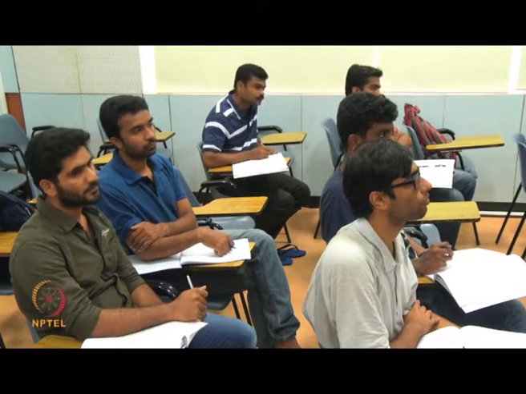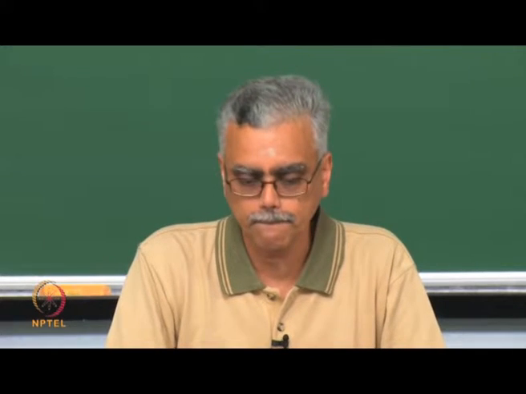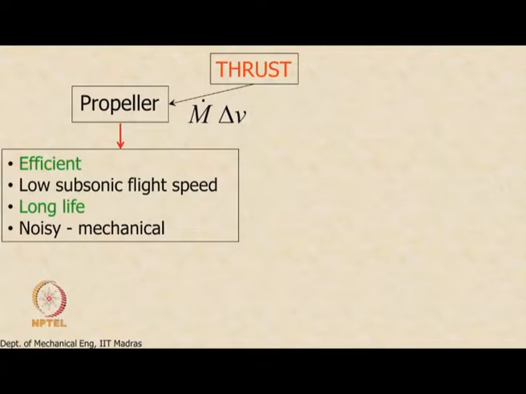Okay. So let us go through a quick recap of what we discussed earlier with regard to propulsion technologies. If you remember, we said that the propulsion device must generate thrust, and there are two ways of doing it. One is to use a propeller which, as we said earlier, accelerates a larger amount of mass through a small change in velocity. The advantages that we listed for the propeller are in green, the disadvantages are in black.